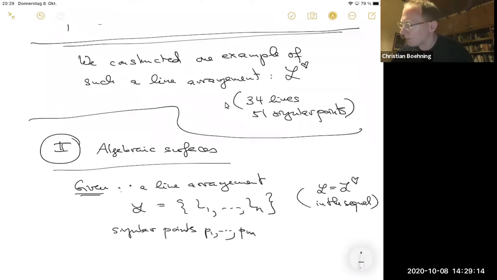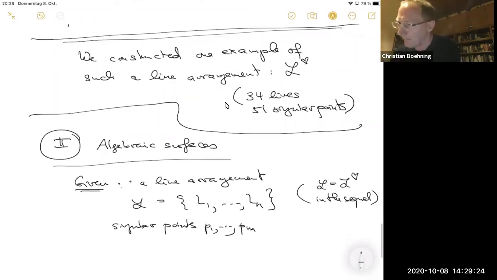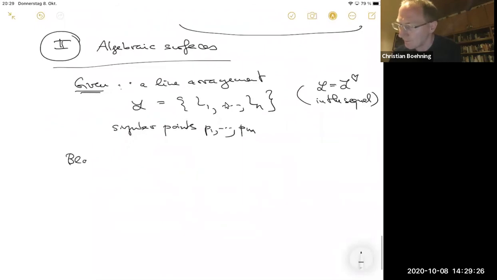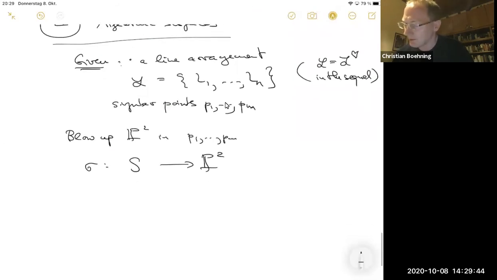Then I blow up P2 in the singular points, get this blow up here, get this surface S, which is the blow up, and then B will be my branch divisor for the surface I'm constructing.